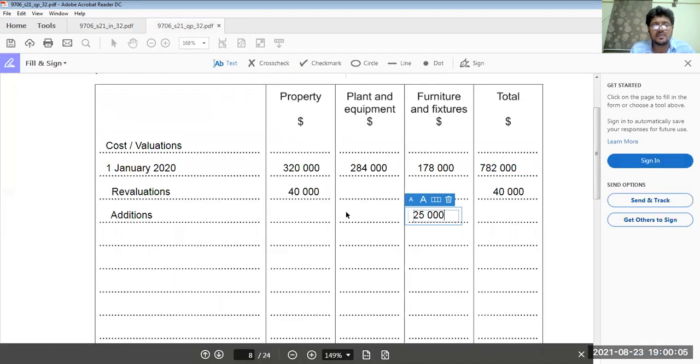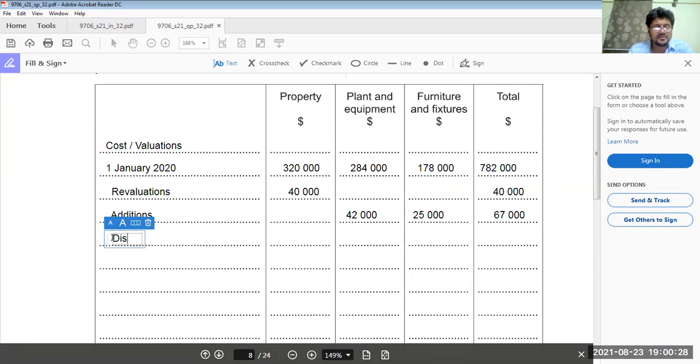So we'll write it over here. New additions 42,000. Total 42 plus 25, 67,000 is the total additions. Okay.